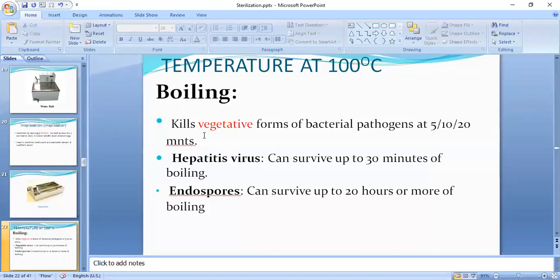So boiling is not the most efficient method to kill the viruses or the spores. We need a temperature above 100 centigrade for killing the viruses and the spores. So this is not the most favorite method of sterilization.